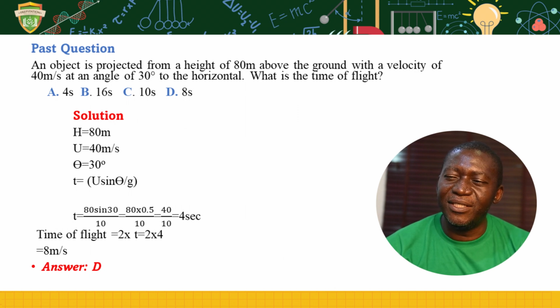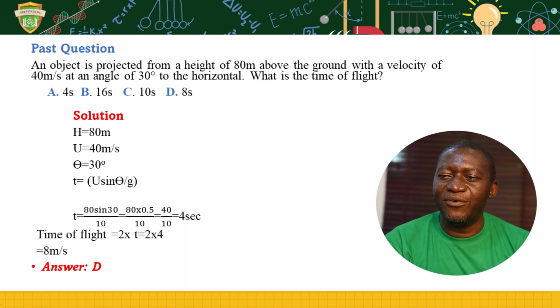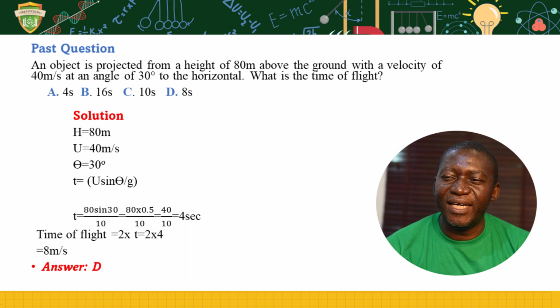The question reads, an object is projected from a height of 80 meters above the ground with a velocity of 40 meters per second at an angle of 30 degrees to the horizontal. What is the time of flight?